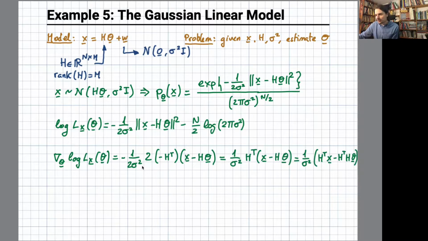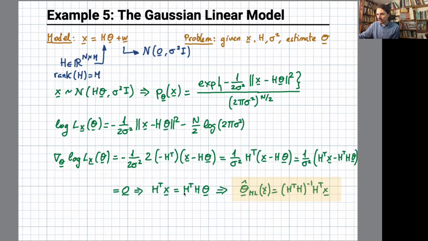Just by simple mathematical manipulations, we can see that this gradient can be expressed in this way, right? And by setting it equal to 0, we conclude that this first term has to equal this second term, okay? And since H is full column rank, it follows that H transpose H is invertible, right?